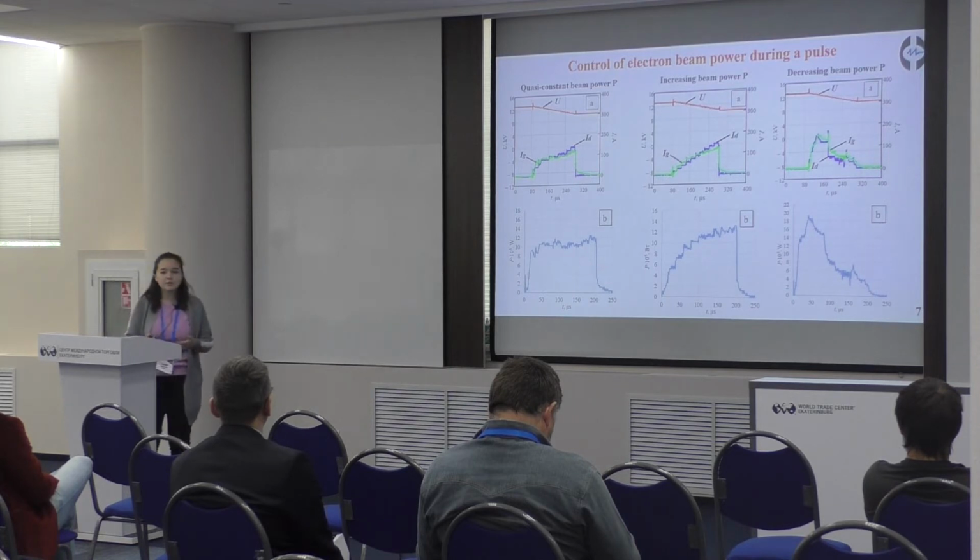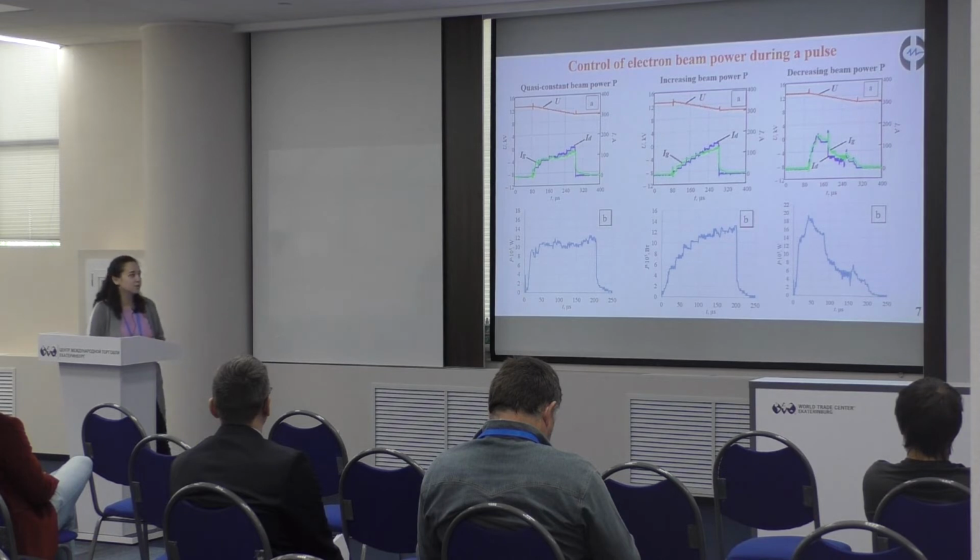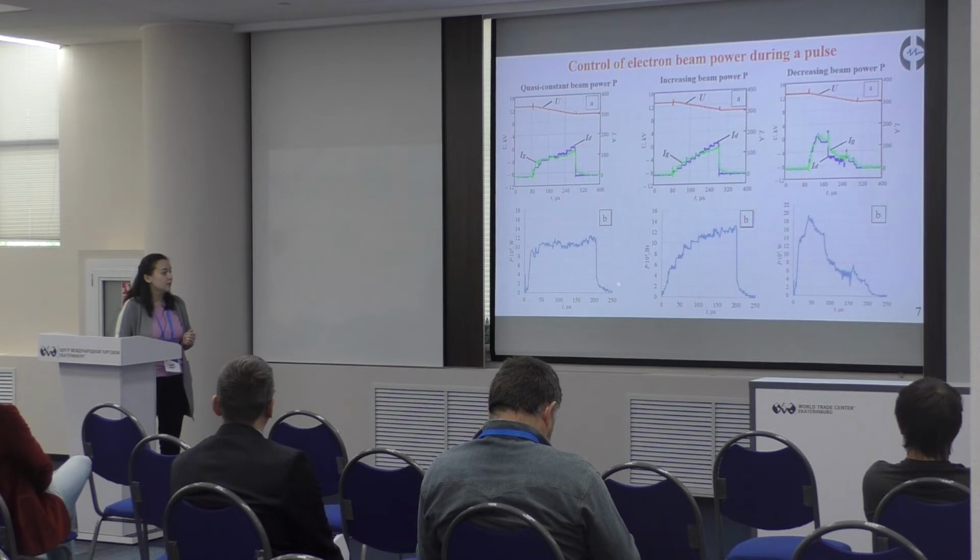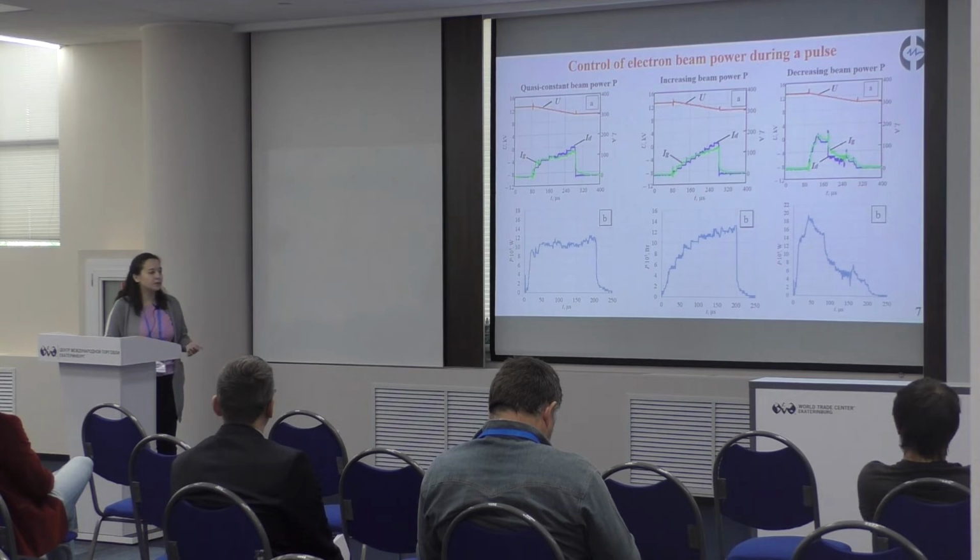The recent modernization of the power supply of the electron source allowed us to change the power during one pulse in the way that we need. So we can get different profiles of temperature, increasing and decreasing. And that result we get by controlling the current of the discharge.